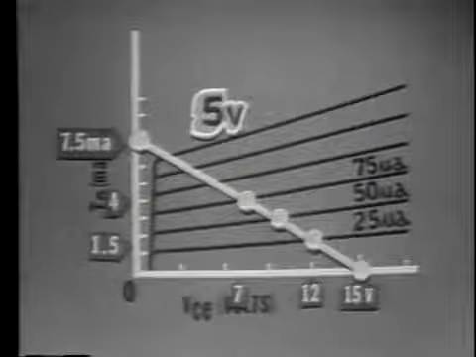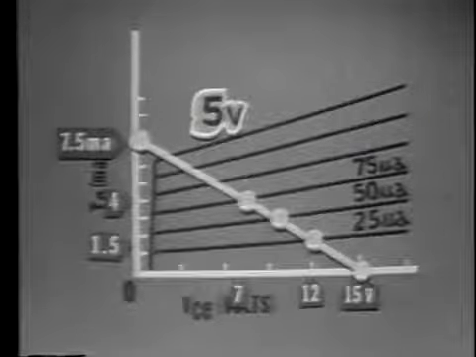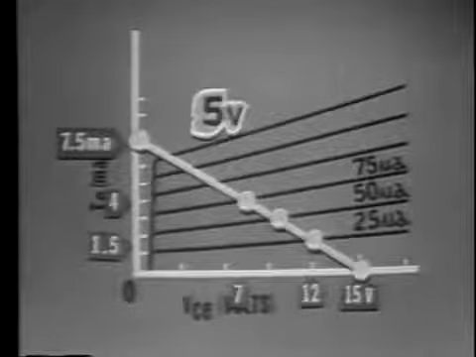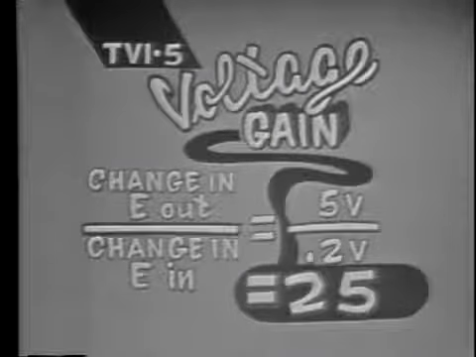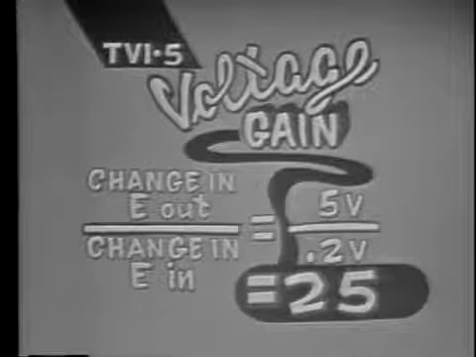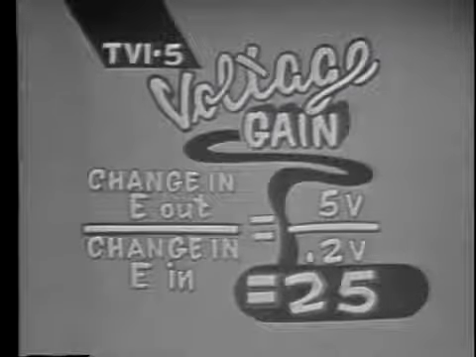Well, with 4K ohm of resistance and 50 microamps of base current, according to Ohm's law, the input voltage change must be 0.2 volts peak to peak. What's the voltage gain? To find the voltage gain, we divide the output voltage change by the input voltage change. The voltage gain is 25.